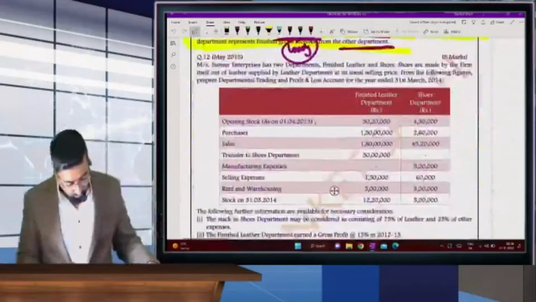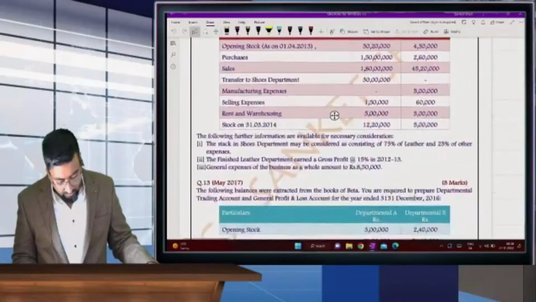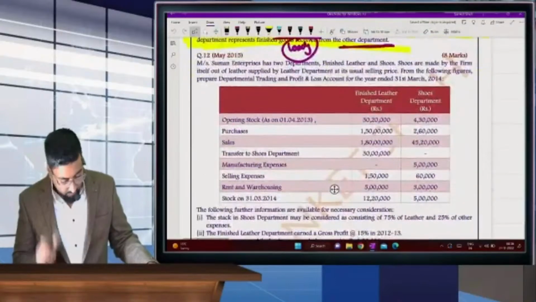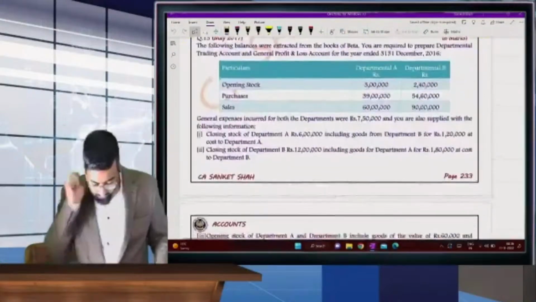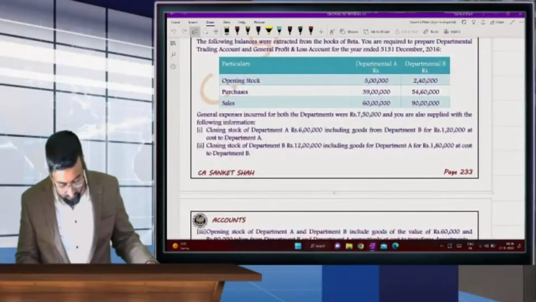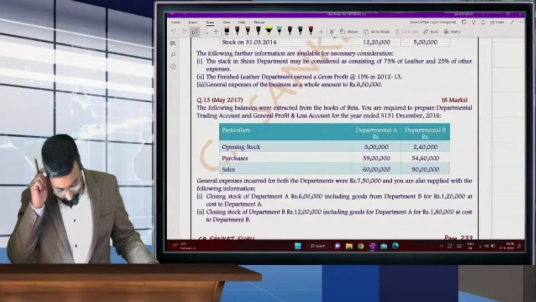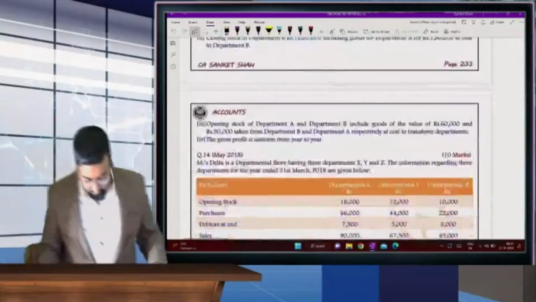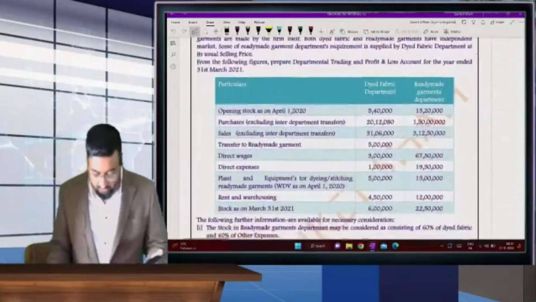One, two, three, four over. Finish Leather and Suman Enterprises. I think this question is easy. Yes. Tell me question numbers, beta.